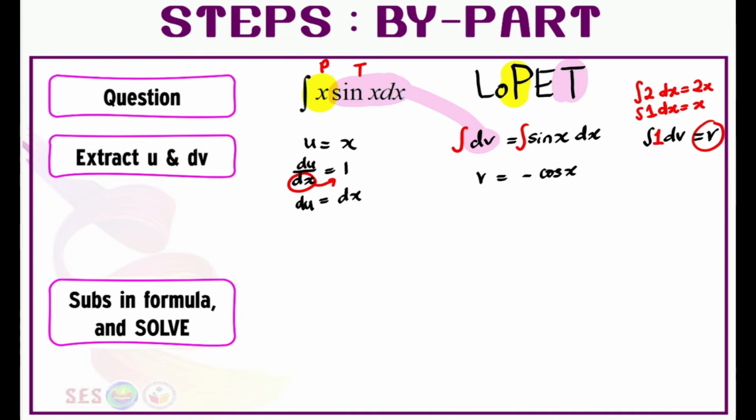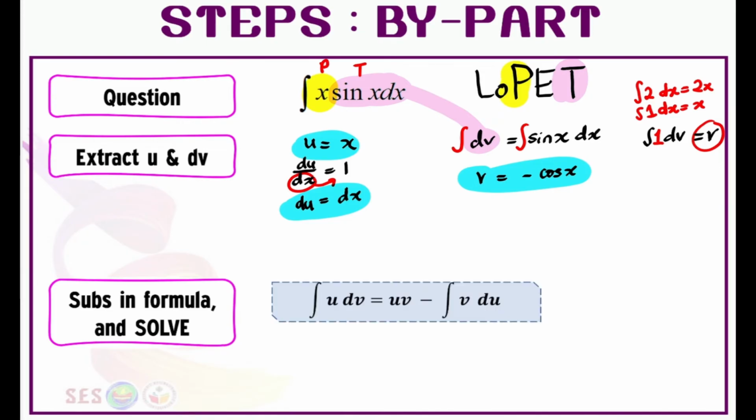So now I'm going to substitute my u, du, and v. These three, we are going to substitute in our formula. Okay, this is our formula. And remember, the left hand side here is our question.